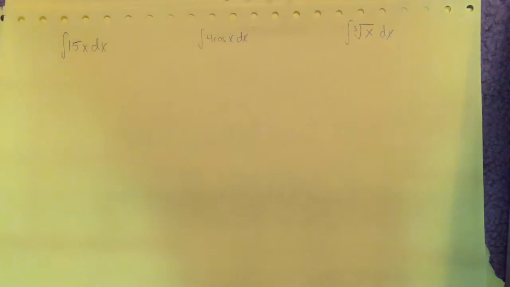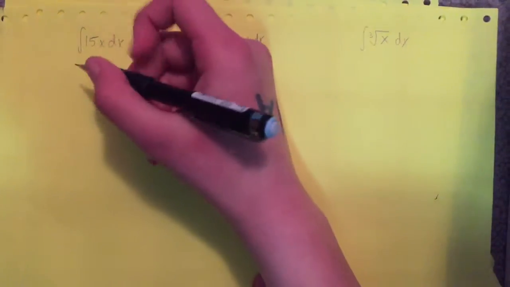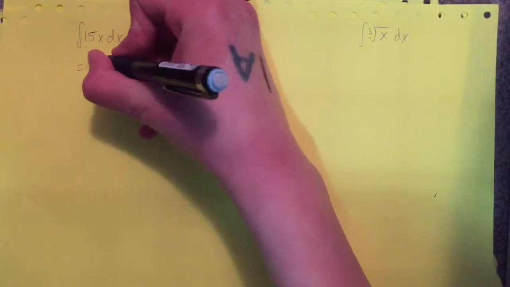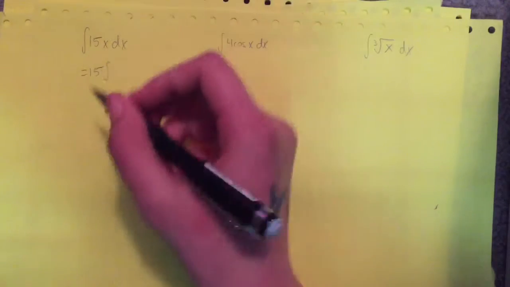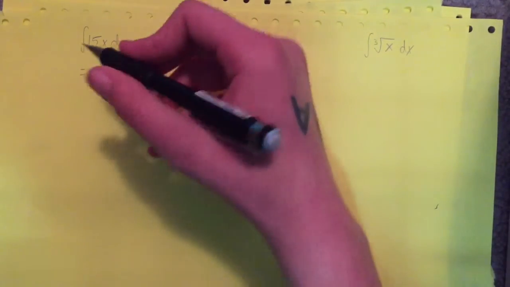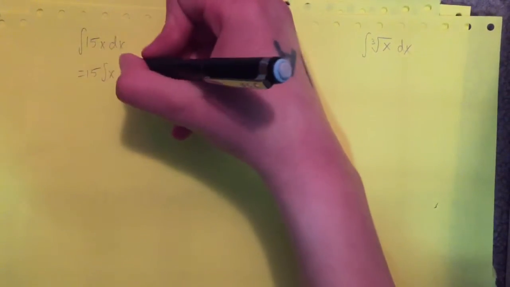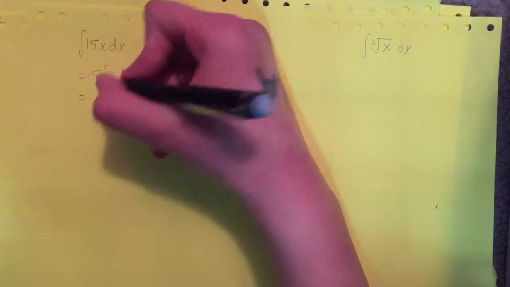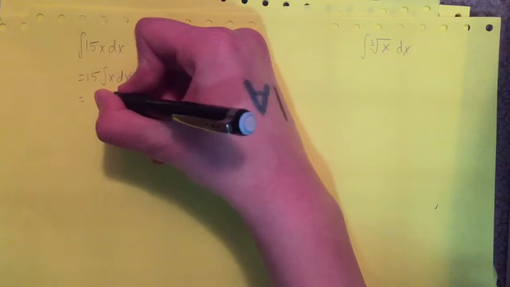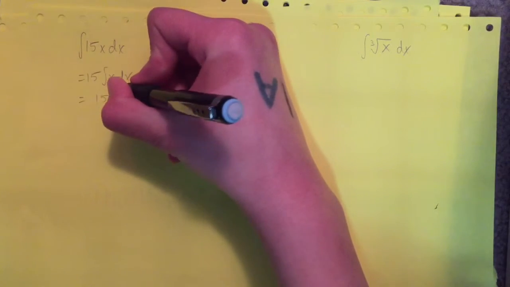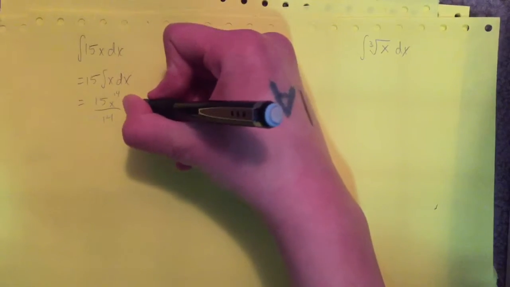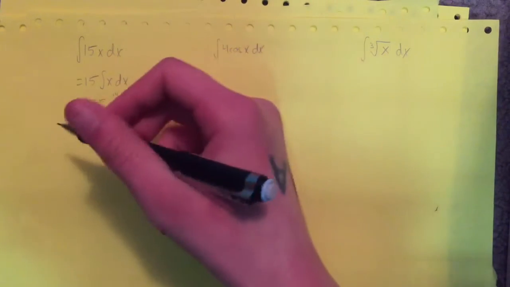So here, if we're asked to integrate these, we can start for this one by saying this would equal 15. You can take the constant out, the integral of x dx, and this would equal 15 x to the 14 over 14, and then plus c. So you'd always add the plus c.